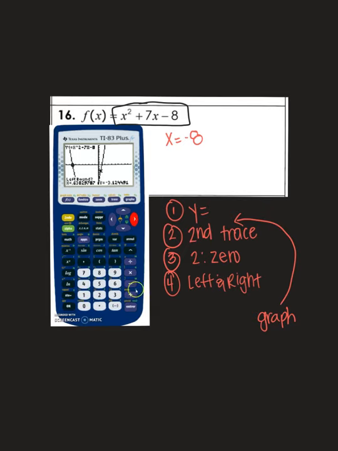And I'm gonna have to this time just stay below and hit enter, and then I'll have to hit right to go above for right bound. And this time it says enter again. It says that my 0 is x equals 1. So those are my 2 zeros, my 2 solutions, my 2 x-intercepts.